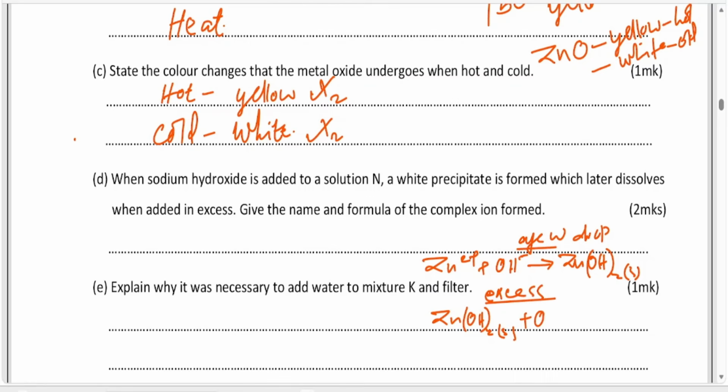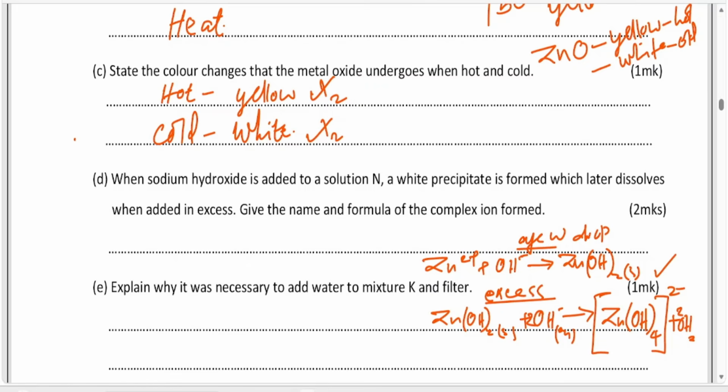I add excess hydroxide, and we obtain a complex salt, which is zinc tetrahydroxyl, plus 2 molecules of hydroxyl. So this is what we call the zincate, and it is a complex salt.